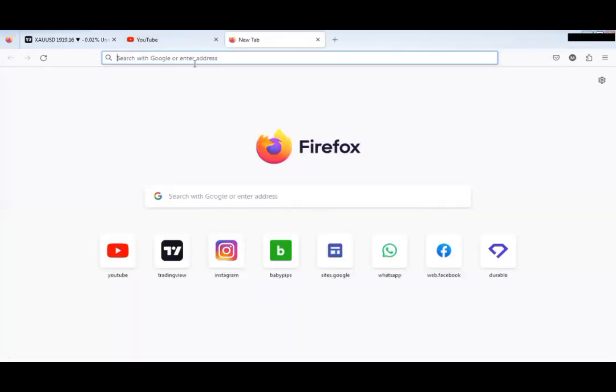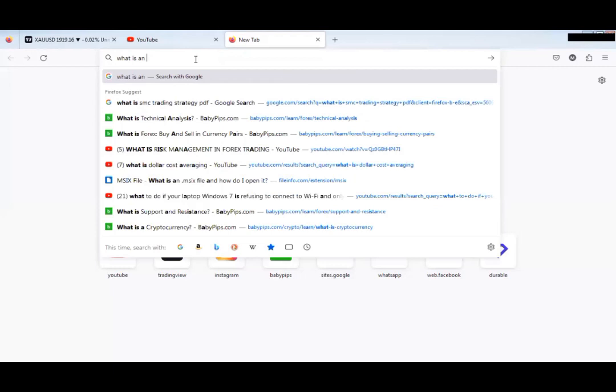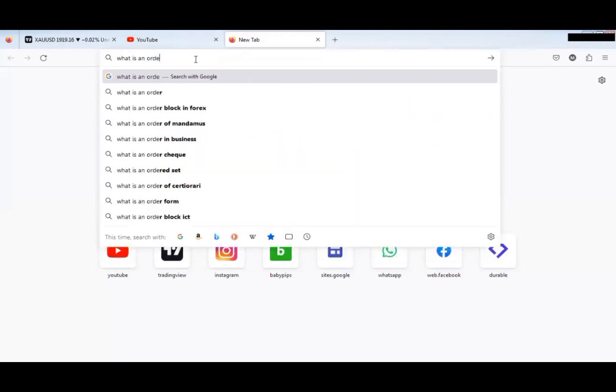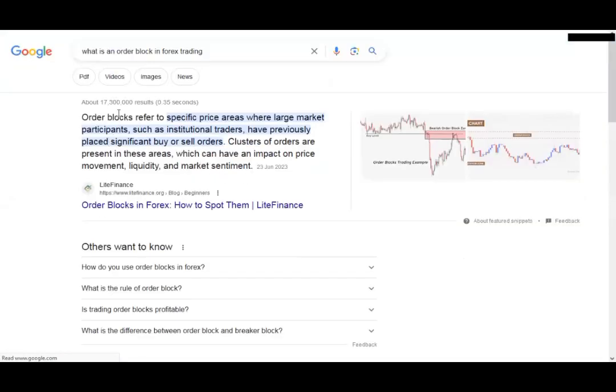Let's go on Google. What is an order block for forex trading? So order block refers to a specific price area where large market participants, such as institutions, have previously placed significant buy or sell orders.